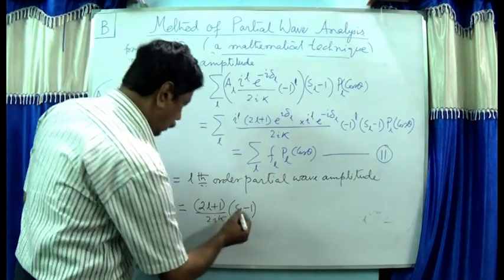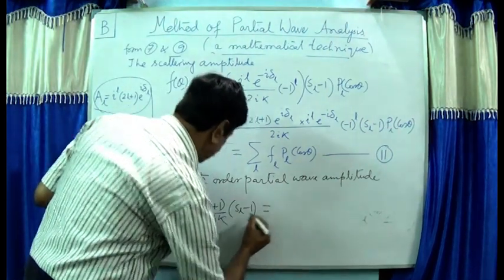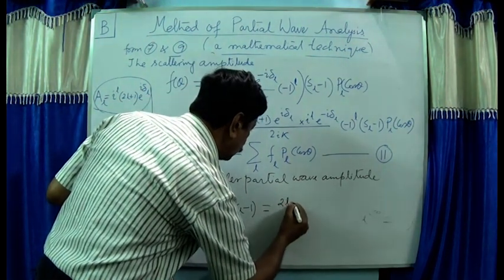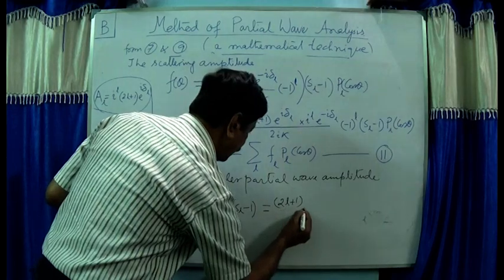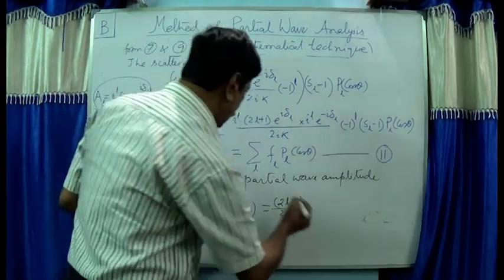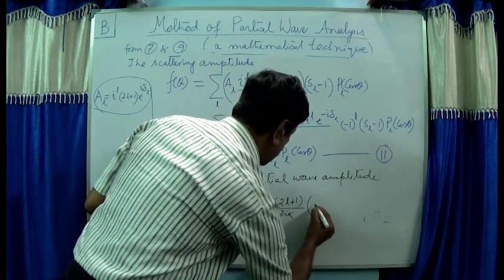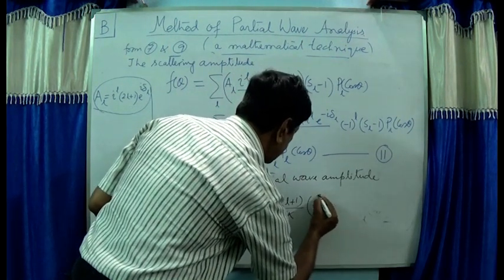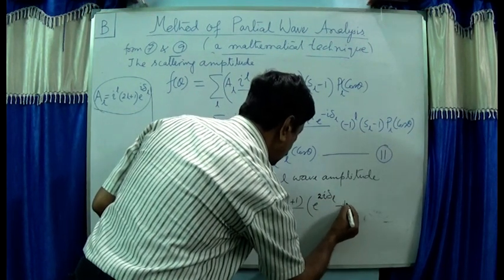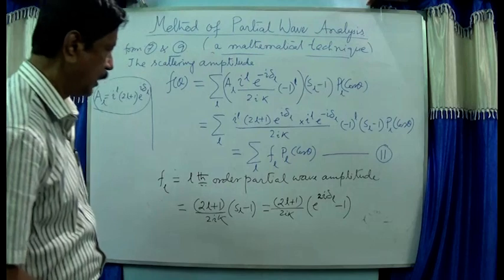Right. Now let us write it once again in full form. It will look like (2L plus 1) by 2ik, (S_L minus 1), where S_L means e to the power 2i delta_L.